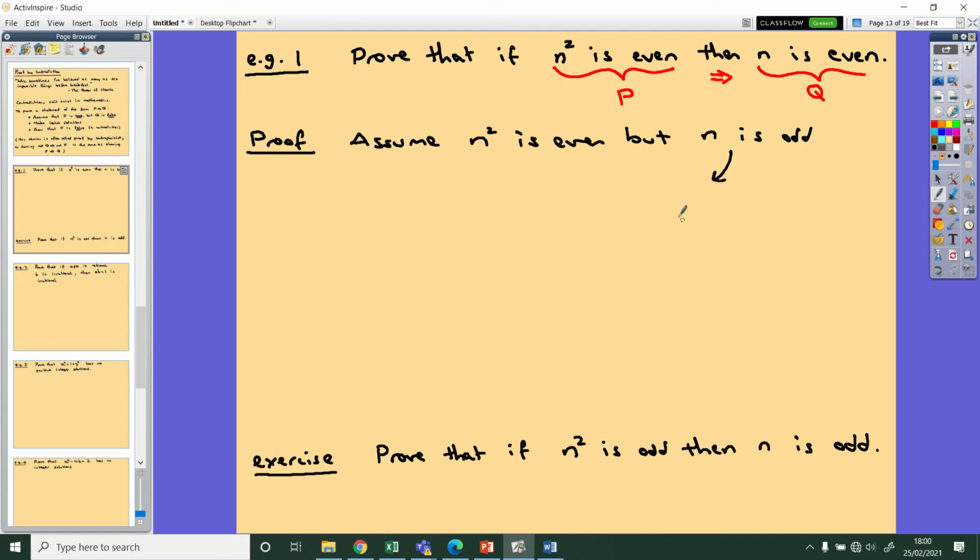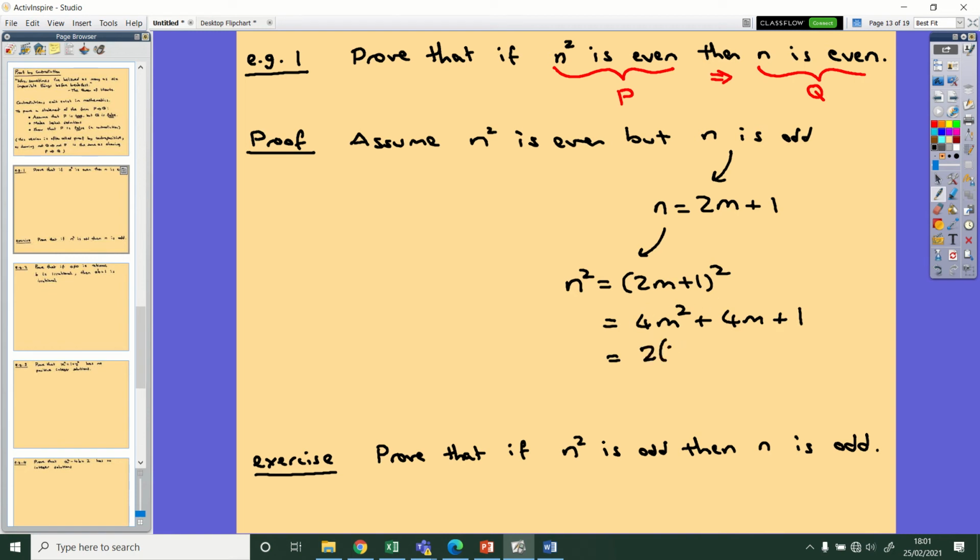If n is odd, then that means that n is 2m plus 1. That's the definition of an odd number. But then if I square that, I'm going to get (2m plus 1) all squared. That's going to be 4m squared plus 4m plus 1. I can then use a factor of 2 to show that this is an odd number.